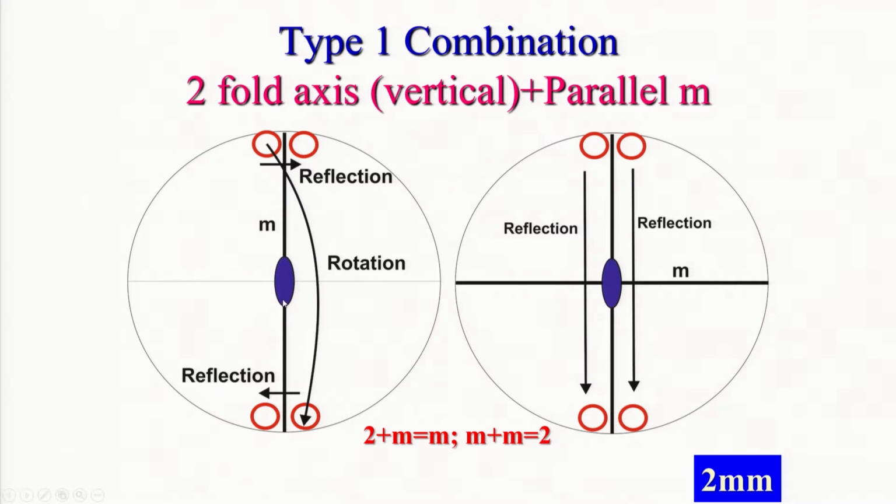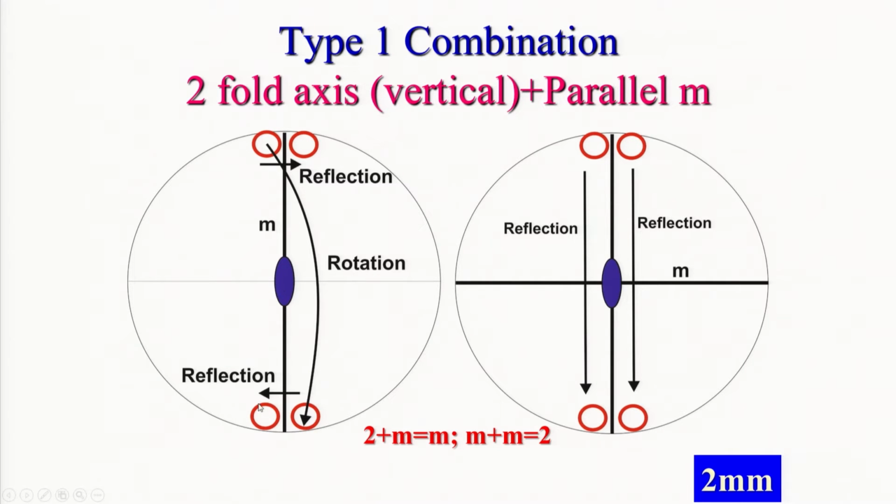If you have a vertical axis, and you have a parallel mirror plane, then you need to know that this parallel mirror plane will also be of vertical orientation. So, let us consider this bold black line is the orientation of this vertical mirror plane.